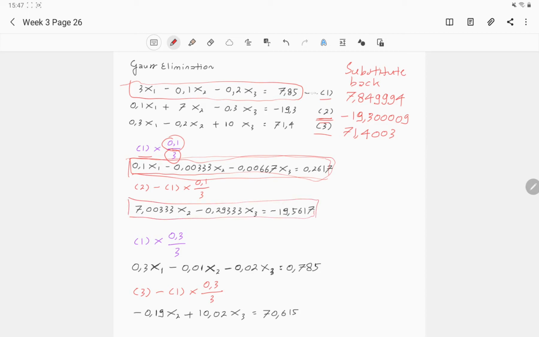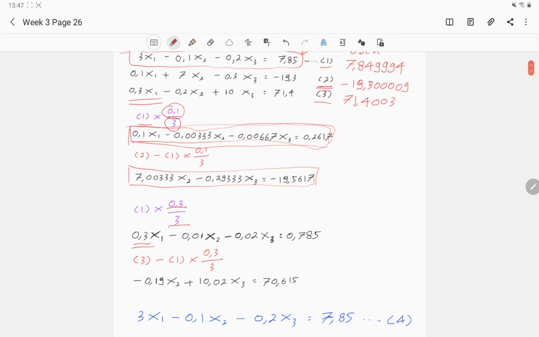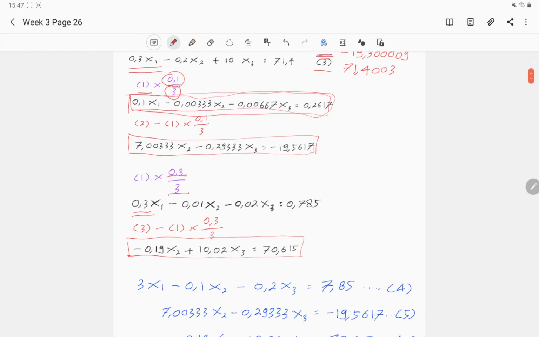Likewise, we do the same again. We multiply equation 1 by 0.3 divided by 3 to get the same first term, 0.3. Then we subtract equation 1 multiplied by 0.3 from equation 3 to get these equations.